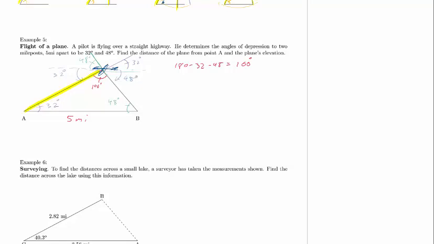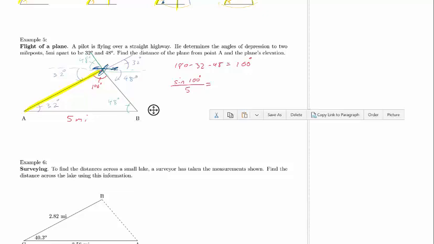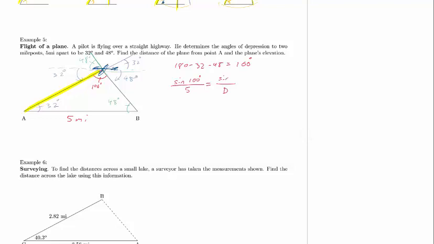So now we simply use the law of sines. We know that the sine of 100 degrees over 5 miles equals the distance to A. We'll call that D, since that's the distance we're looking for, which goes down here, over sine of 48 degrees.